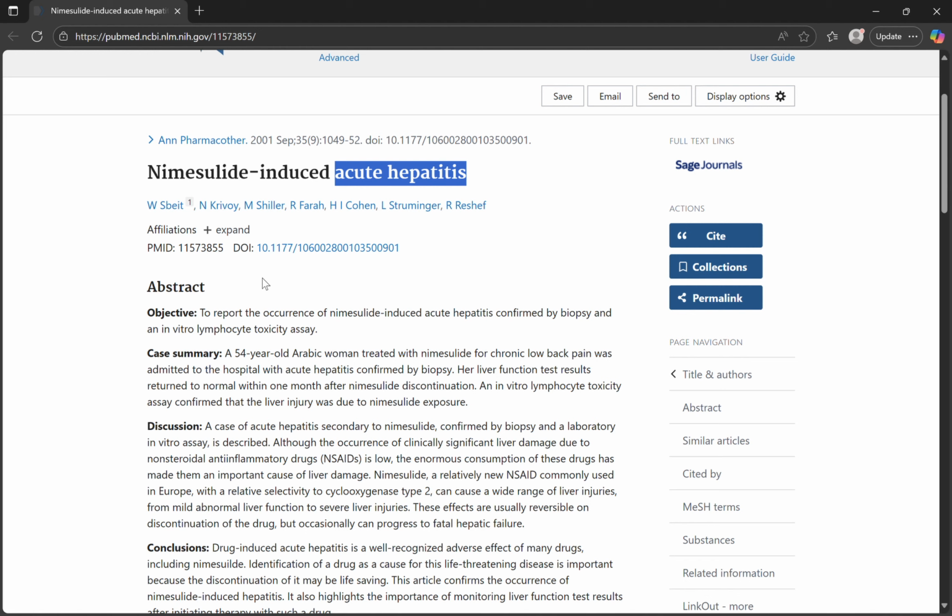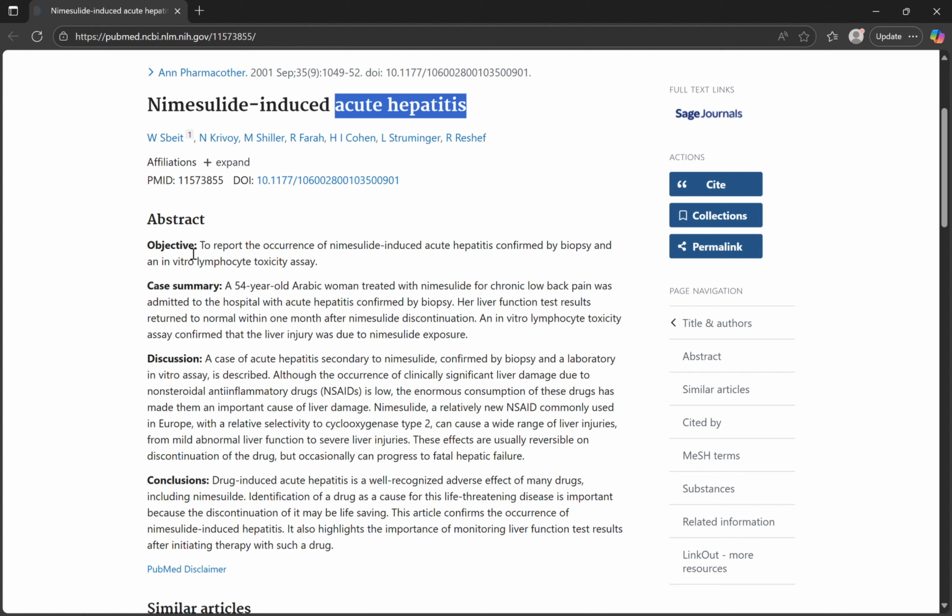It ensures that the work can be easily retrieved and cited, which is helpful in any kind of academic research.